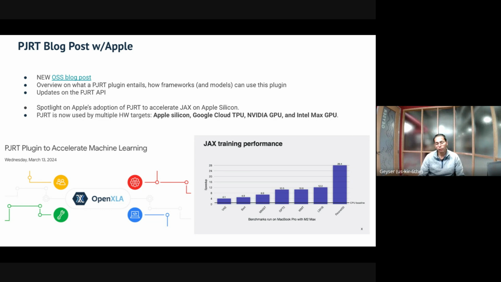Then PJRT was also used to enable Google Cloud GPUs, and we also had support for NVIDIA GPUs, both of which we talked about in the OpenXLA developer meeting last fall. And this time we are talking publicly about how Apple has adopted PJRT to run JAX on their hardware.